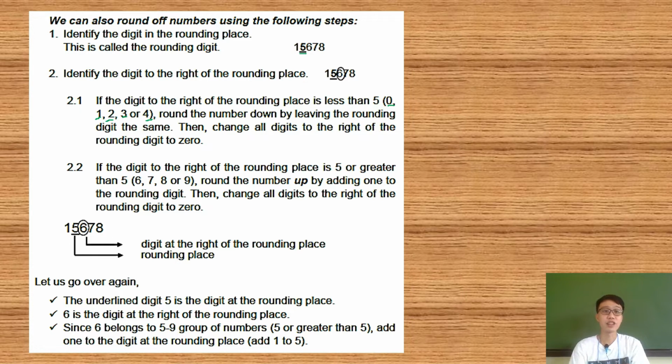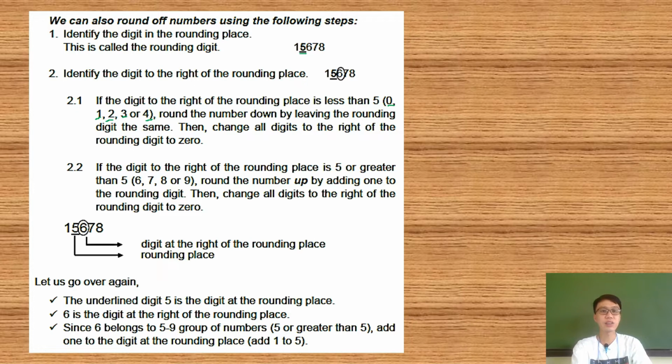Again, if the digit to the right of the rounding place is less than 5, round the number down by leaving the rounding digit the same. Then change all digits to the right of the rounding digit to 0.